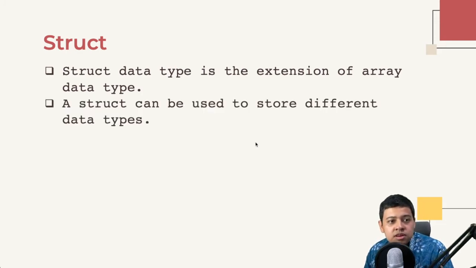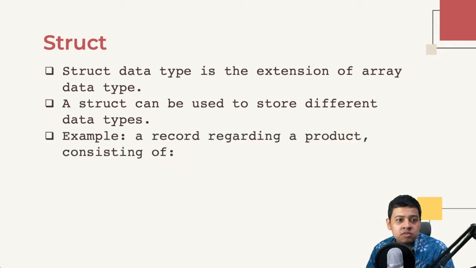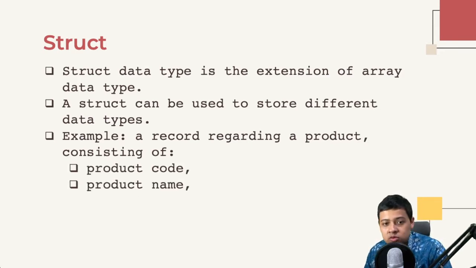So a struct can be used to store different data types. It can store, like, integer and then string and so on. So for example, a record regarding a product maybe consists of a product code and then product name. So the code may be string, maybe integer.